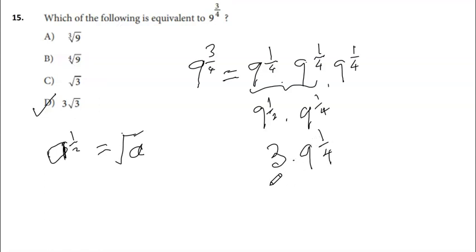But if I need to continue, I just will say 3 multiplied by, and then for 9, I will say, okay, I have half raised to the power another half. When you have the index like this, the powers are multiplying, right?